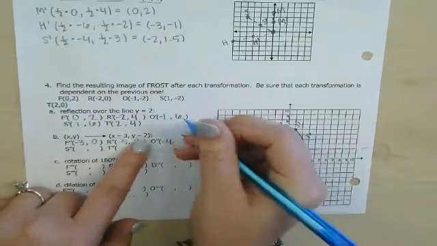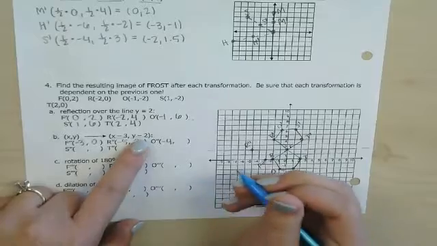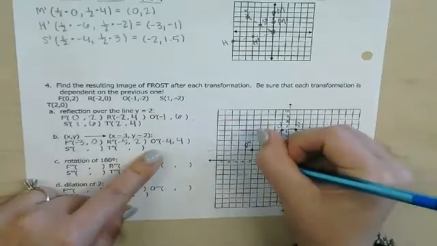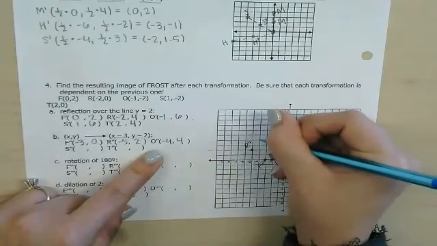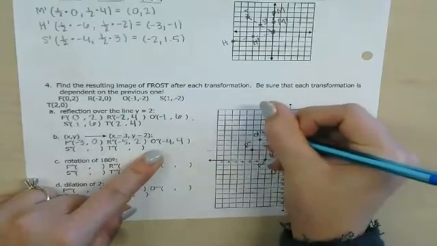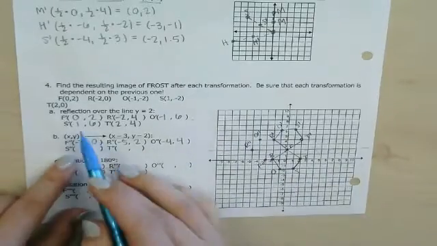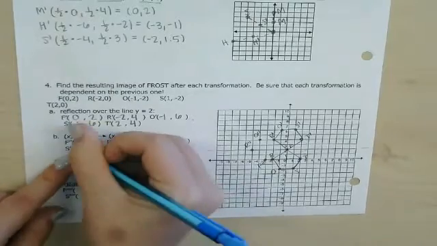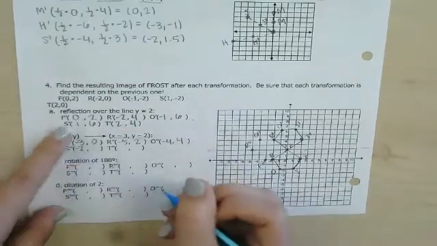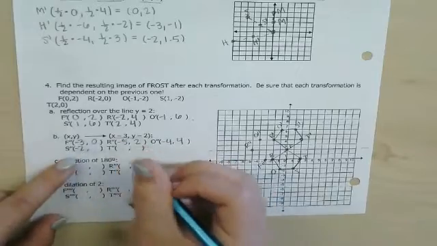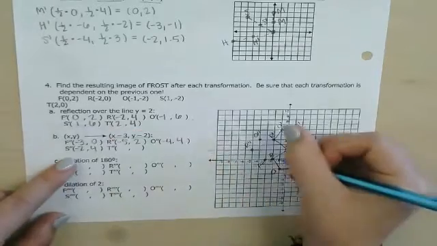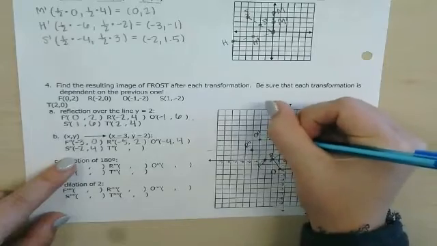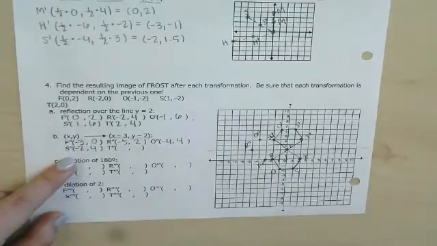And what is 6 minus 2? 4. So O double prime is at negative 4, 4. S was at 1, 6. 1 minus 3 would put us at negative 2. 6 minus 2 would put us at 4, so at negative 2, 4 is going to be S double prime.